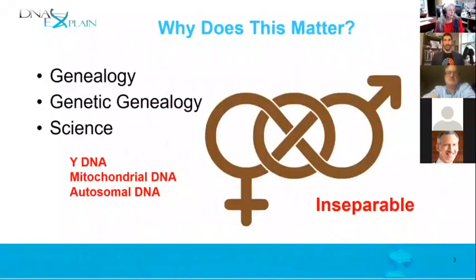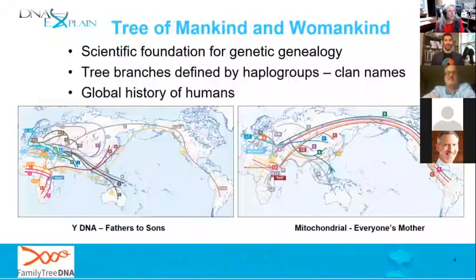So why does this all matter? Well, genealogy and genetic genealogy, they're all tied together. And while I know it seems simple enough, to quote Paul, I think it's not as simple as that behind the scenes, although we try and make it simple and lovable so that everybody can use it to find and love their ancestors. So the tree of mankind and womankind is two separate stories that we can trace for all of us. Well, men can trace them both.